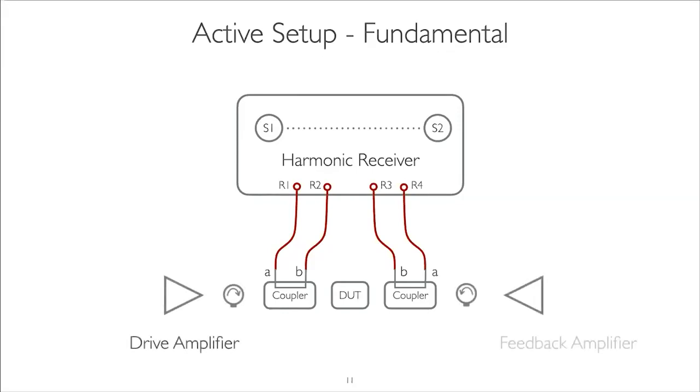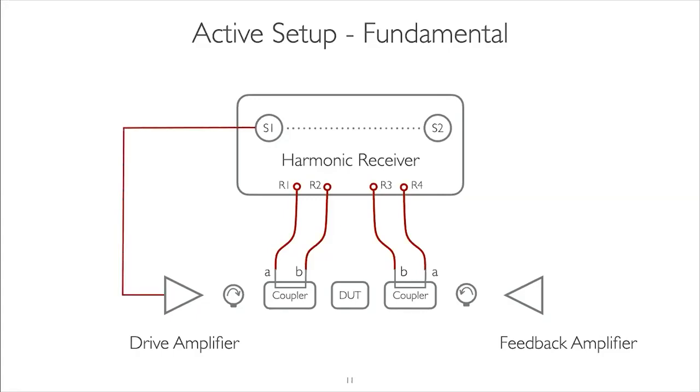Now, in active, you don't have passive tuners. You have amplifiers, right? So you have a drive amplifier that's driving on the input, and you have a feedback amplifier or loop amplifier, load amplifier. People have different terms for it, but basically that's what's creating the A wave that we're sending to the device. Okay, so these are the components that are going to be used to do the tuning, basically.